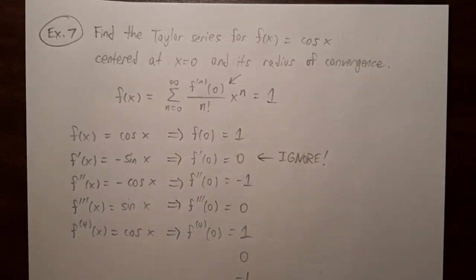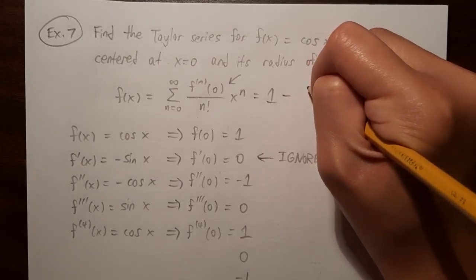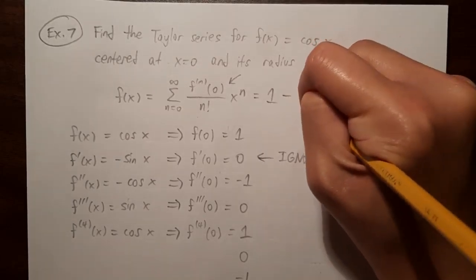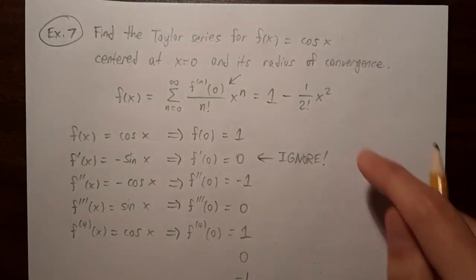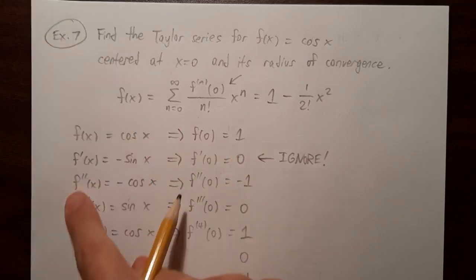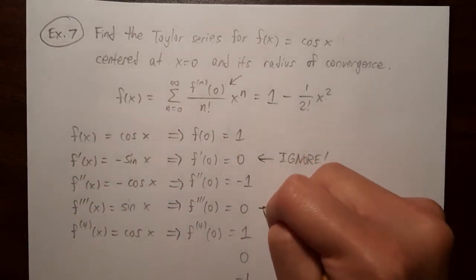We're going to have a negative 1 on top, so I'm going to write that as a minus right here. And we're going to divide by 2 factorial. So it looks like I'm going to have negative 1 on top divided by 2 factorial times x squared. All right, if I plug in n equals 3, then the coefficient is going to be 0 again. So I can just skip it, another ignore.